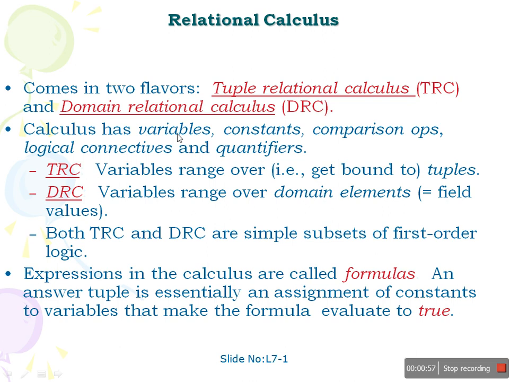All these together, we can form queries in tuple relational calculus as well as domain relational calculus. In tuple relational calculus, variables range over tuples, whereas in DRC they range over domain elements.